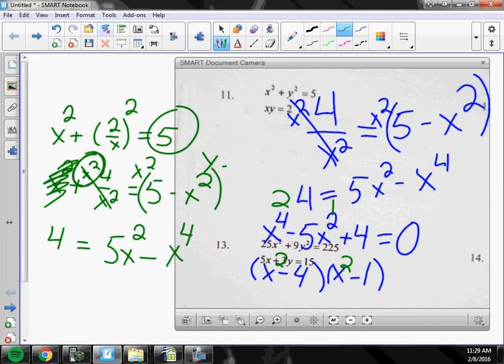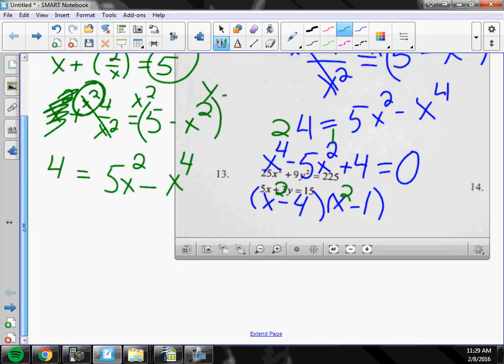Okay, so these are differences of squares, right? x squared minus 4 can create two conjugates, x minus 2 and x plus 2, and the other one, x minus 1 and x plus 1.